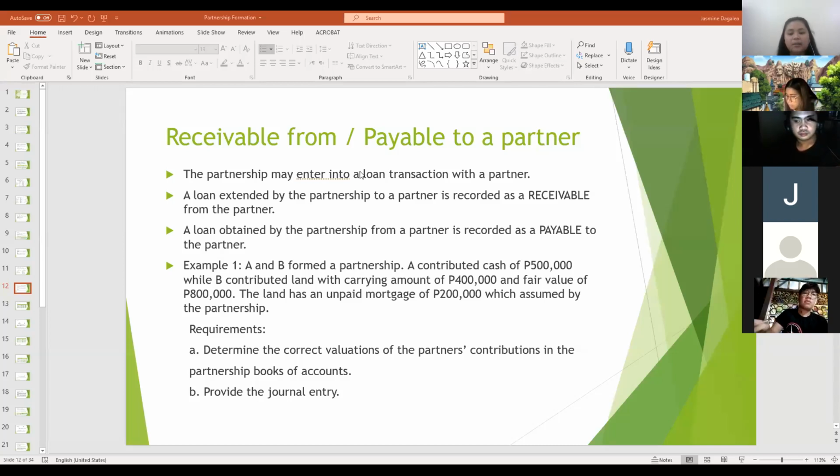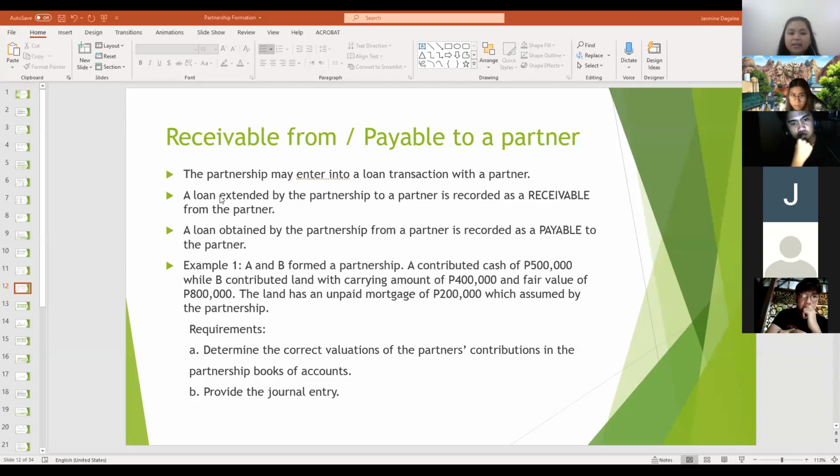Meaning babayaran siya ng partnership for that. So a loan extended by the partnership to a partner is recorded as receivable from the partner. Loan extended. Meaning yung partnership ang nagbigay ng pera sa partner as loan. So i-record ngayon sa partnership books yung loan na binigay sa partner as receivable from the partner.